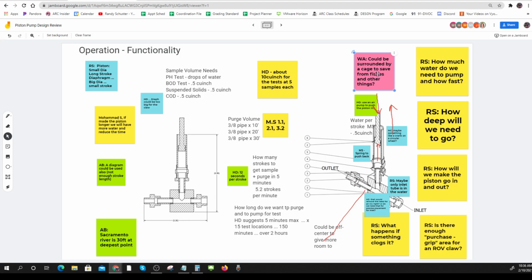So what happens if something clogs it? Wasan is absolutely correct. And by the way, there's a whole other way you could do this where this is down below and this just feeds into a big container right here, a bottle.